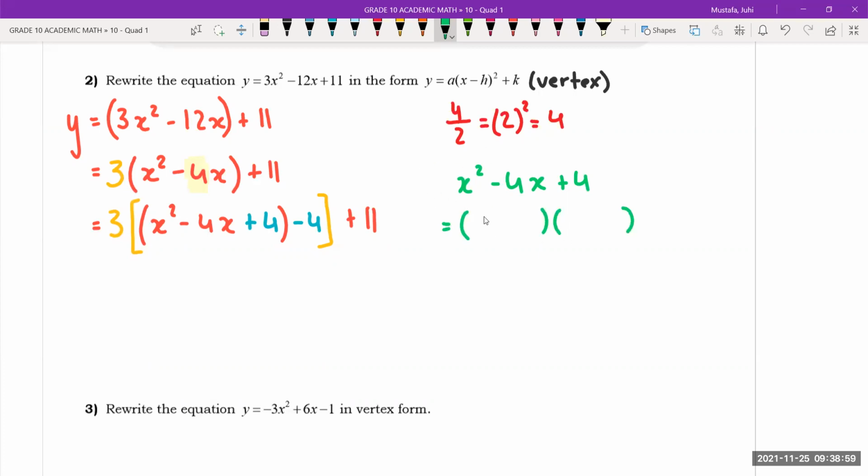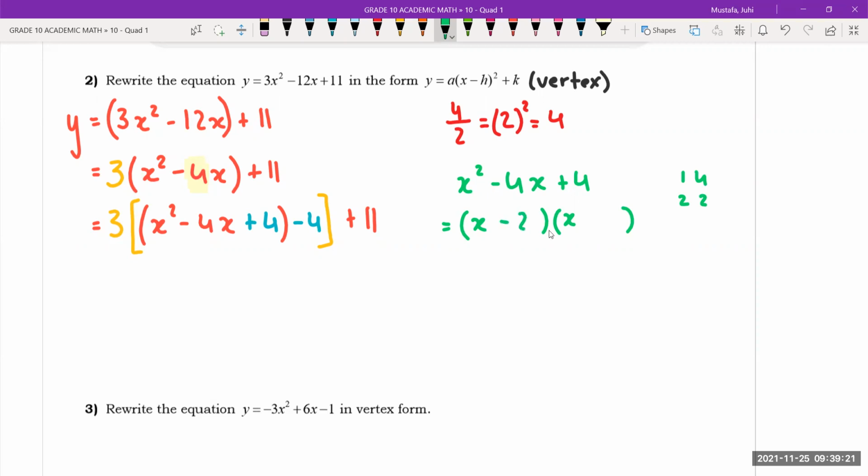Two numbers that multiply to give you x squared would be an x and an x. What are two numbers that multiply to give you positive 4? So what are all the factors of 4? Let's just do that. We have 1 and 4, and 2 and 2. Can any one of these be added or subtracted to give us negative 4? Yeah. Good.